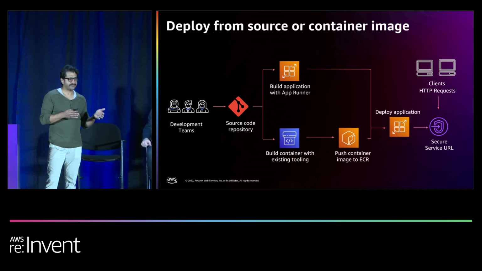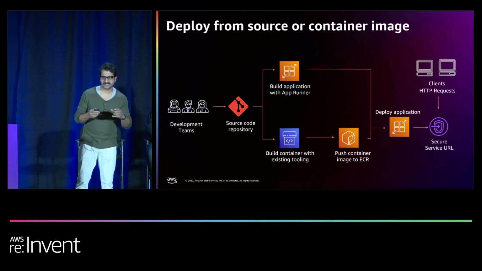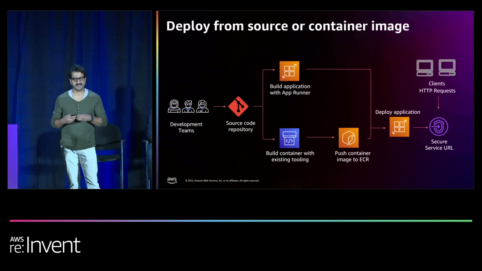With App Runner, we have two ways of getting started. The demo I'm going to show you today is to build the application with App Runner. We manage a whole CI/CD process on your behalf. You tell us where your source code repository is, give us permission, and we build all of that on your behalf. We have all of our CI/CD tooling, and then we deploy the application straight for you.